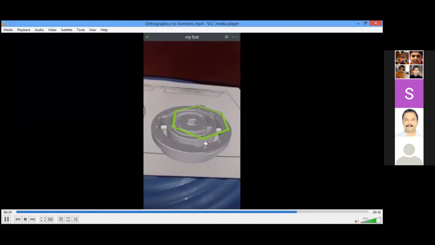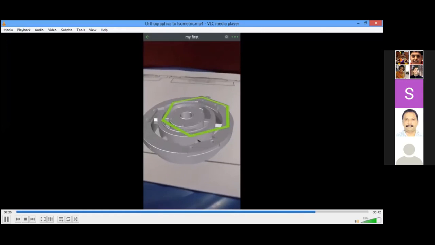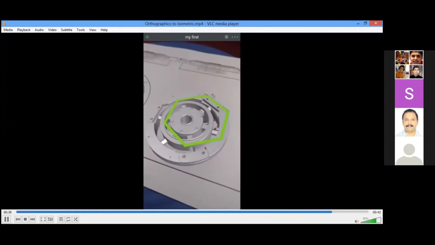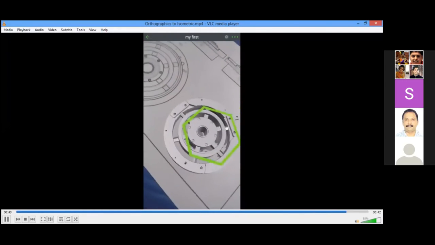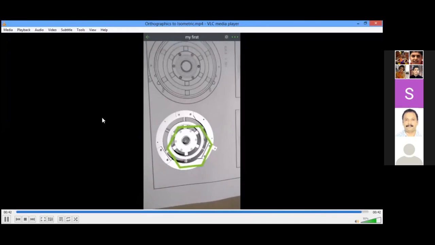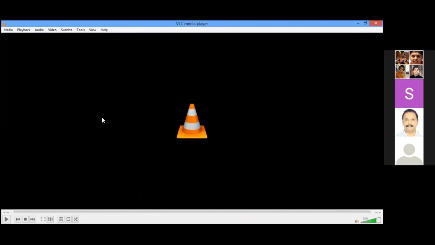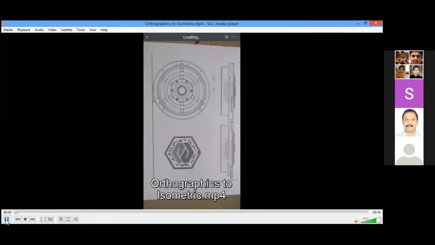You can see how this augmented reality model appears by scanning the code, and then the student can turn this model, rotate this model, and scale this model.